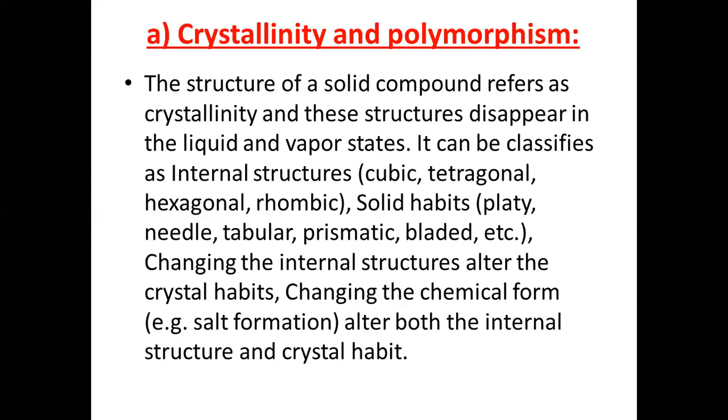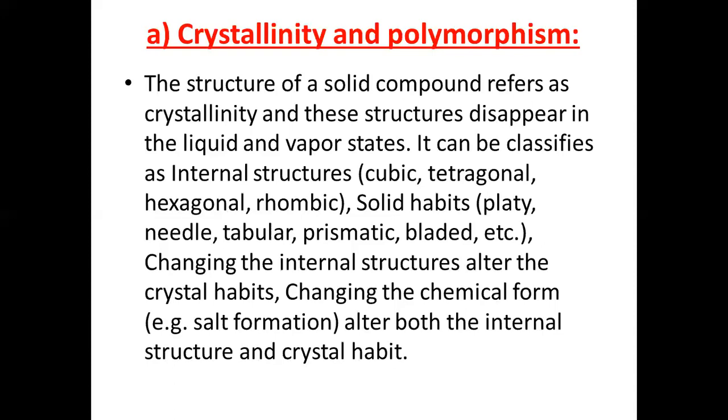It can be classified as the internal structure, which is formed due to the different bond lengths and bond angles, due to the cubic, tetragonal, hexagonal, rhombic, and the solid habits. What are the habits? Like platy, needle appearance, tubular; the drug molecule may be synthesized in the form of prismatic, prism shaped, bladed.